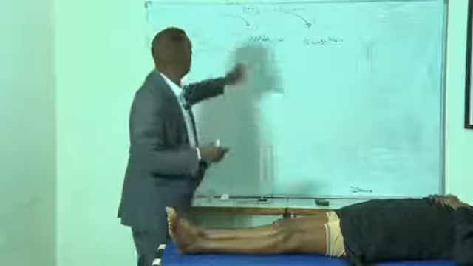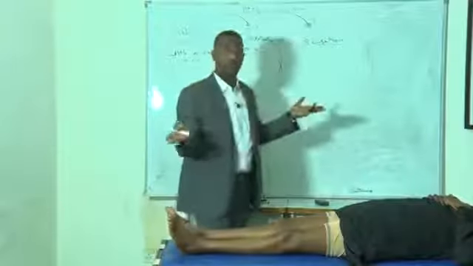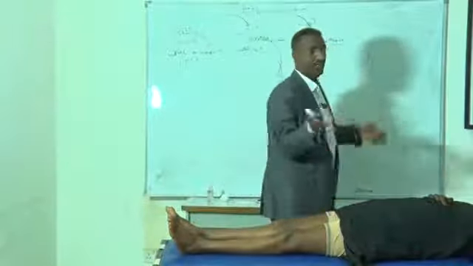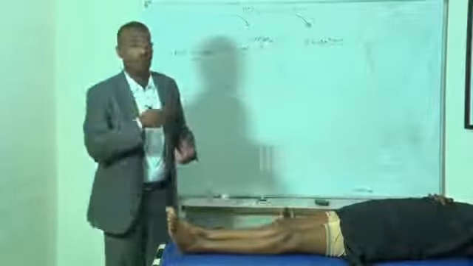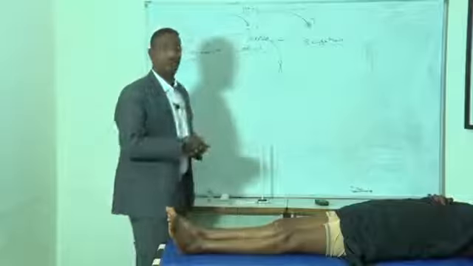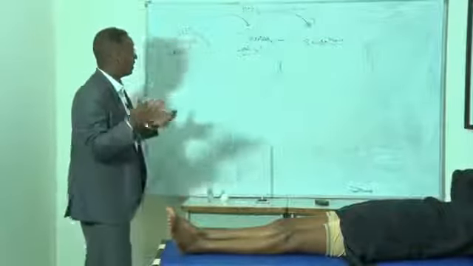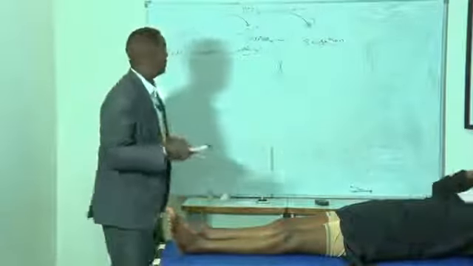Apart from that, coordination cannot be assessed because of the weakness. Apart from that, there is loss of all modalities of sensation up to the xiphisternum, as an example. My summary is spastic paraparesis with complete cord transection.